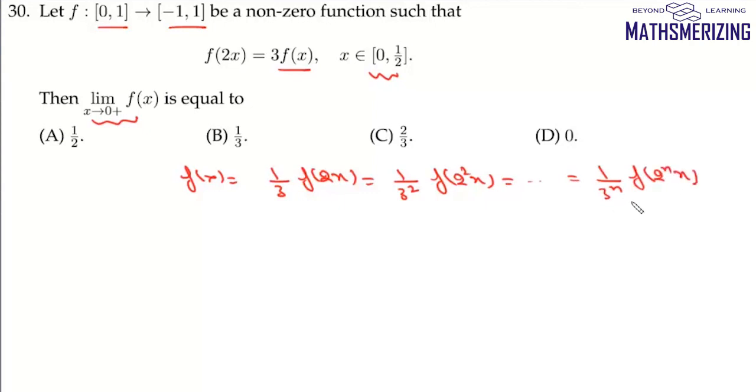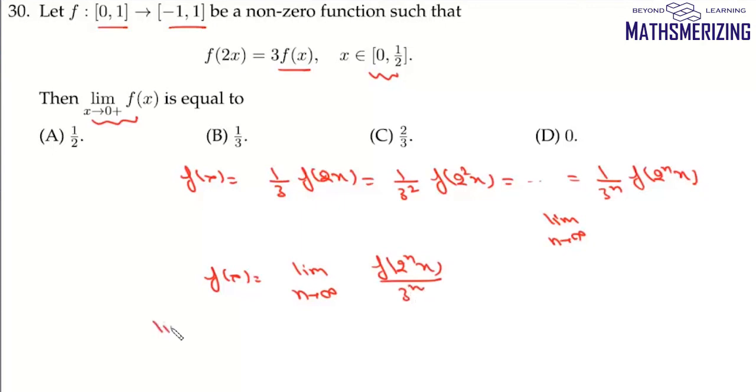Now we can keep doing it till we get this limit n tends to infinite. So we can write this function f(x) as this limit n tends to infinite f(2 to the power n into x) upon 3 to the power n.